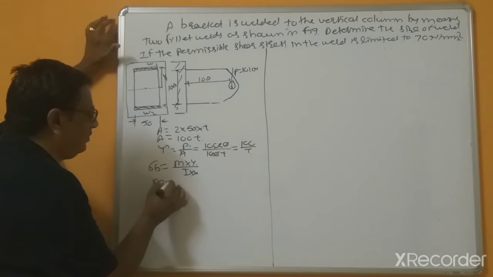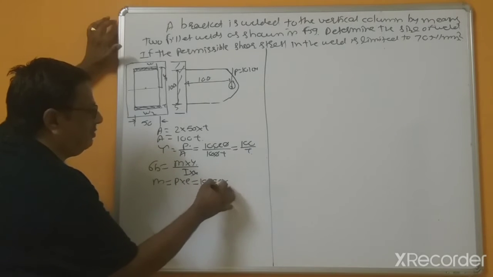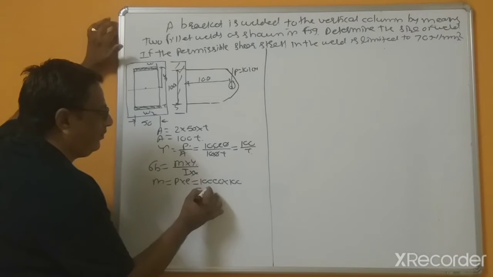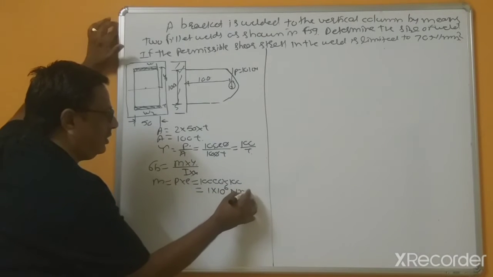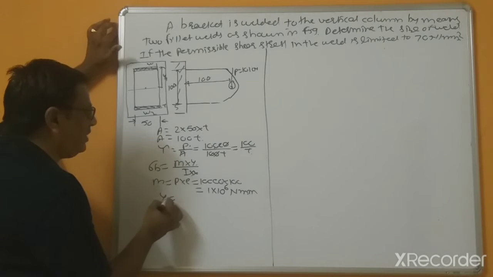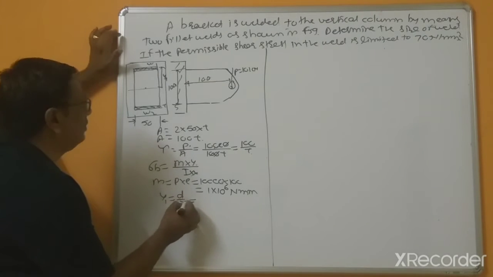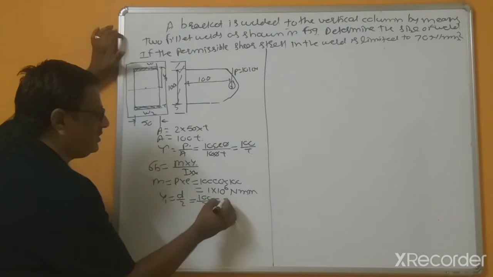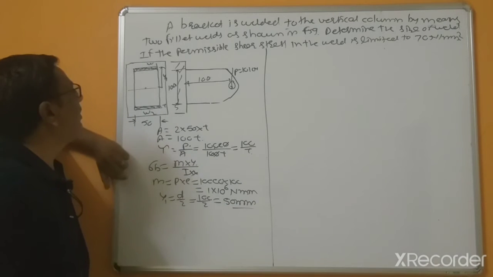M equals P into E, 10,000 multiplied by E equals 100, so this is 1 into 10 to the power 6 Newton mm. Y equals D by 2, and this distance 100 divided by 2, so this is 50 mm.